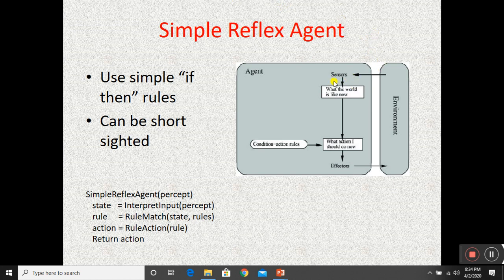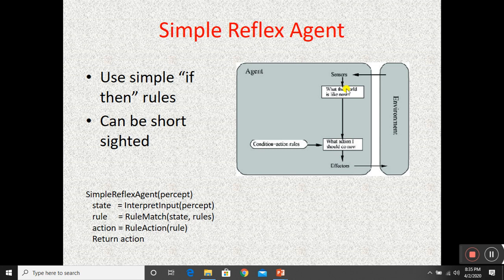This sensor will sense from the environment, and it says what the world is like now. Okay, after sensing the environment, what is the next process? What action should I do now?